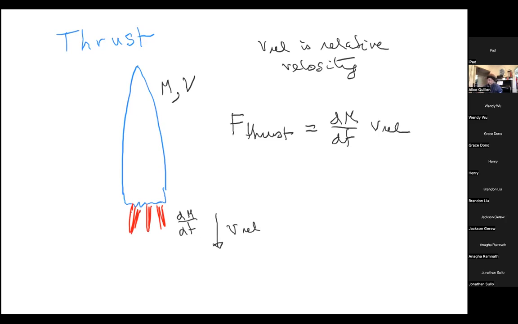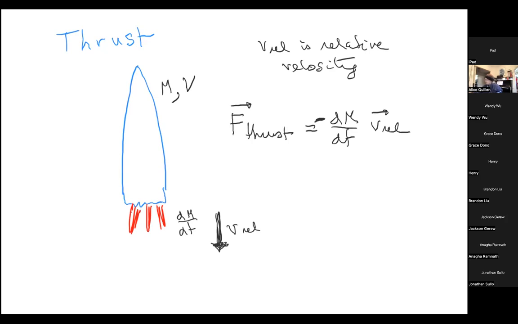If I've drawn the relative velocity in this direction, then the thrust is in the opposite direction, so you get a minus sign here, and these can be vectors. I actually have to correct my notes because there are some sign errors in there. But this is what it should be: the thrust is in the opposite direction to the relative velocity of the propellant.